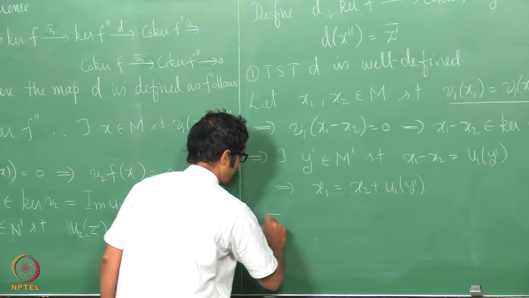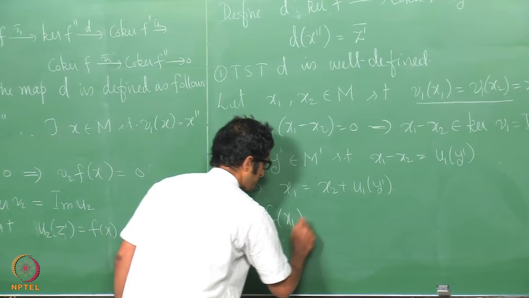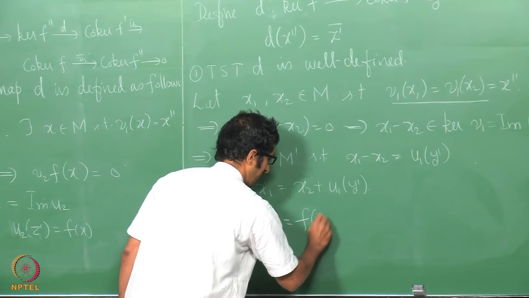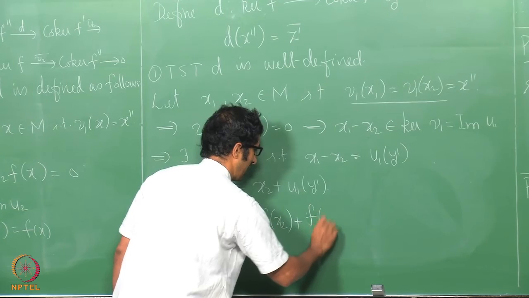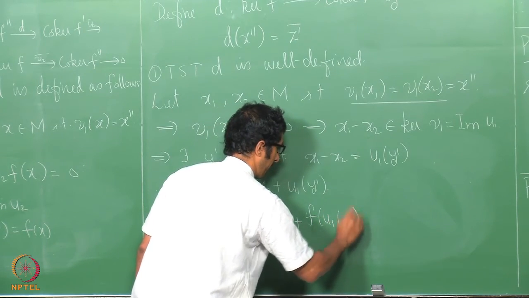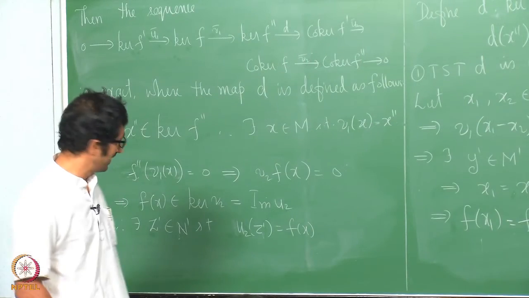Now let us look at what f of x1 is: f of x1 is equal to f of x2 plus f of U1 of y prime, right.